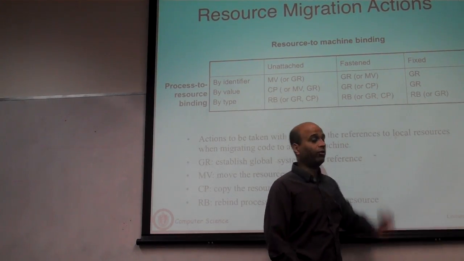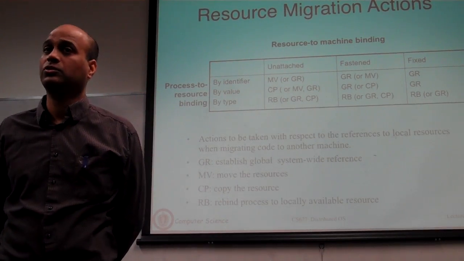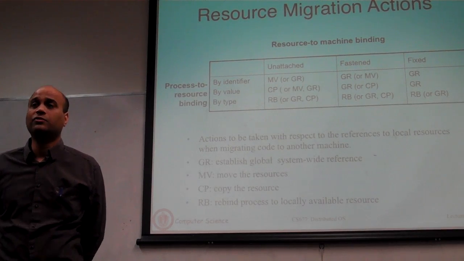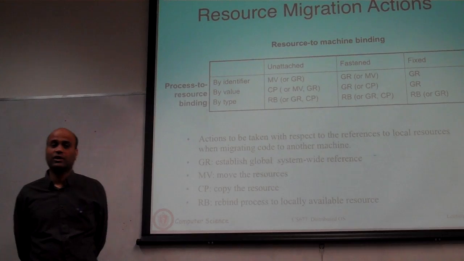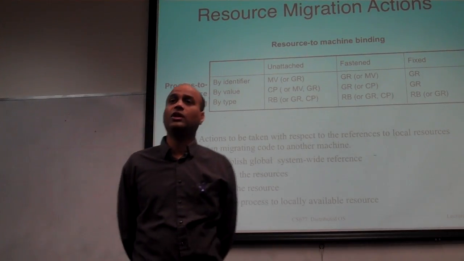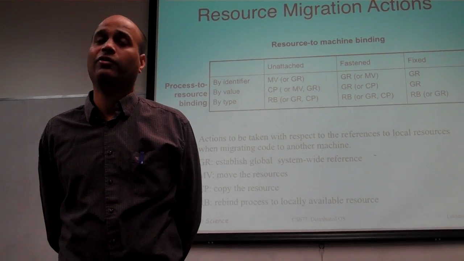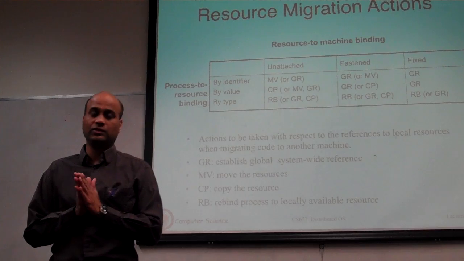As you will see, there will be some other choices as well that pop up, but those are the most suitable ones. So the thing to take away is when you are designing a process migration system, you have to decide how you deal with resources. Are there some constraints? For different kinds of resources, how will you continue to provide access if the process is actually going to move?